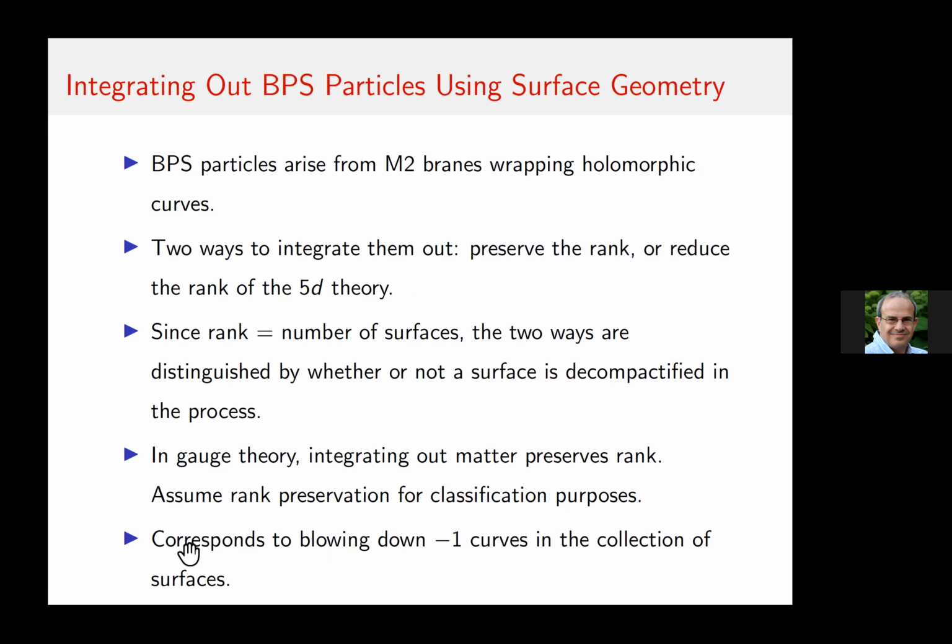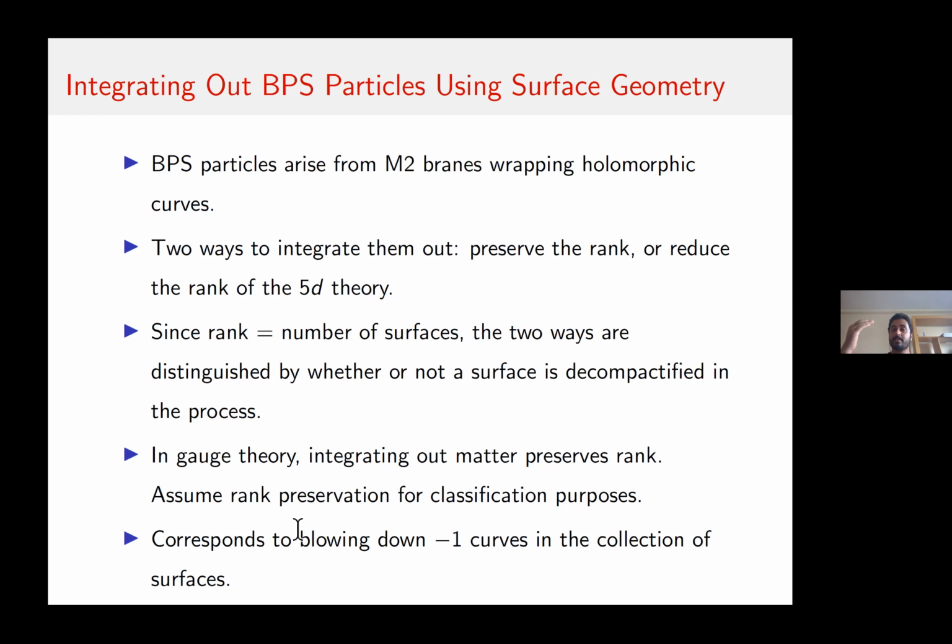I'm sorry for being so picky again, but what does it really mean to integrate out BPS particles as opposed to integrating out everything at a given momentum scale? Yeah, you will integrate out other things at that. No, I'm just asking, what's the meaning of the phrase integrating out BPS particles? So you're on the extended Coulomb branch, you have some mass parameters turned on, and you have some Coulomb branch parameters turned on.